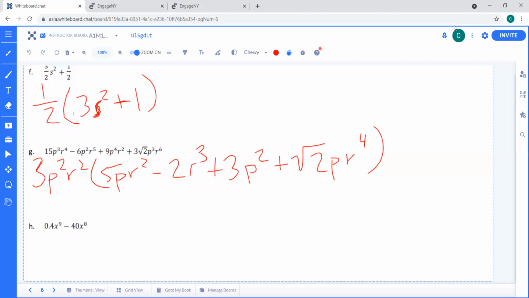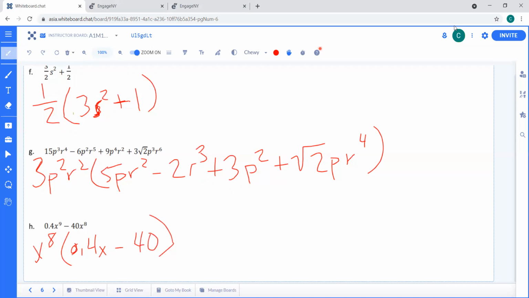Next, 4x to the 9th minus 40x to the 8th. I'm just going to take the easy route on this one and say x to the 8th times 4x minus 40.